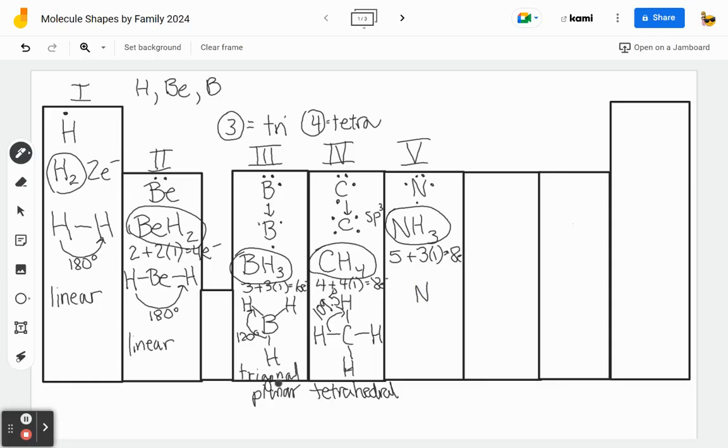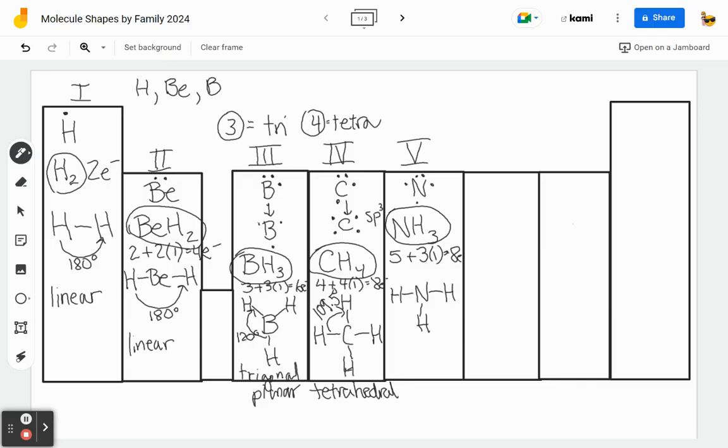I'm going to put nitrogen in the center and surround him by 3 hydrogens like such. I'll bond them together to have 2, 4, 6 electrons. So I've used 6 electrons right now. I have to use all 8.